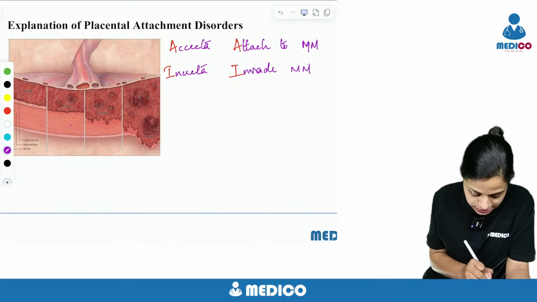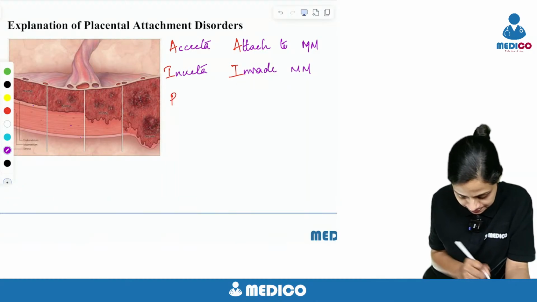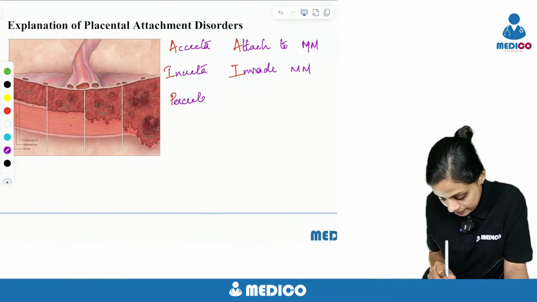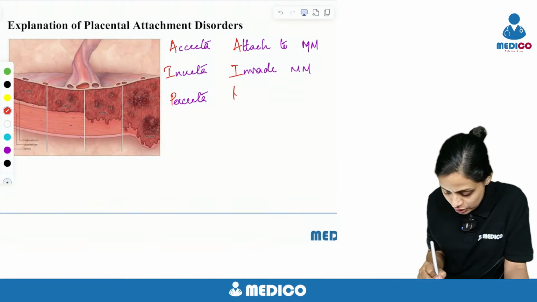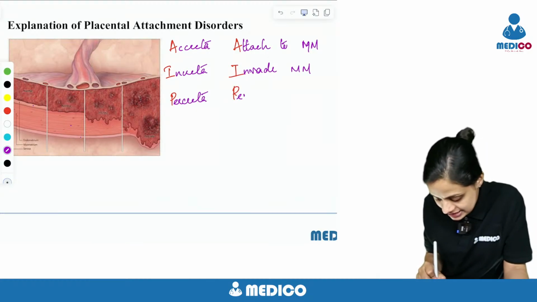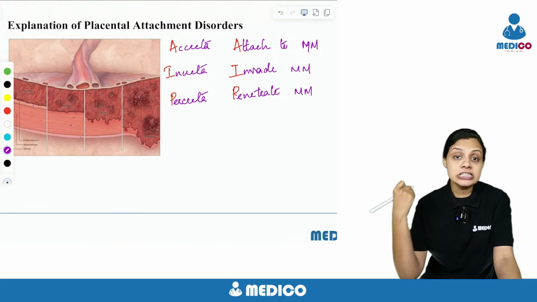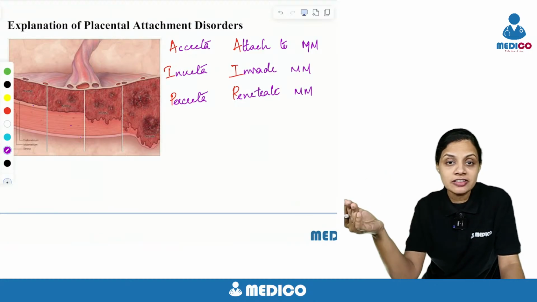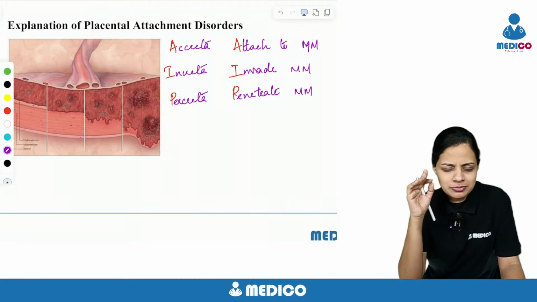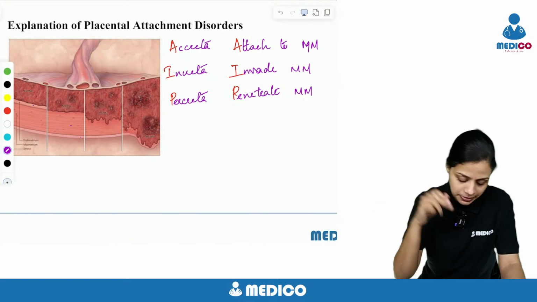In case of percreta, the placenta will penetrate the myometrium, reaching the serosa and may even invade the uterus or the bladder or the nearby structures.